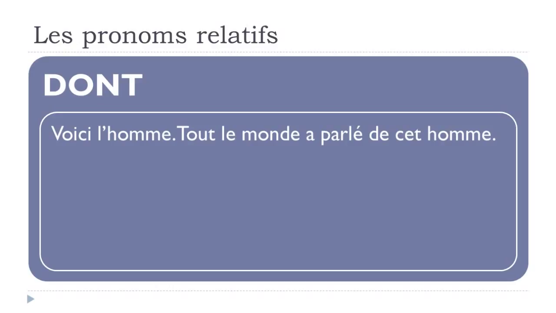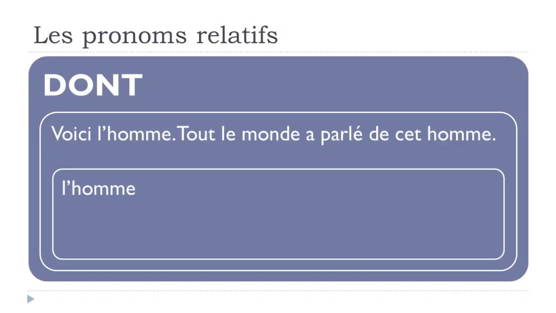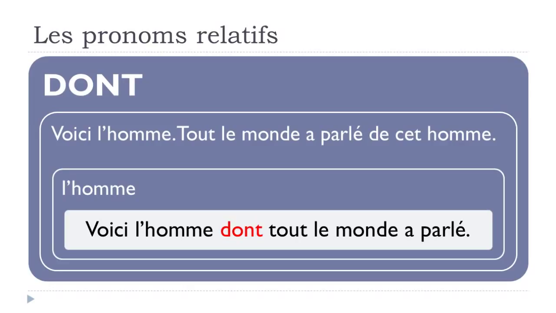Then if we put the same structure at the passé composé, voici l'homme, tout le monde a parlé de cet homme, same thing, we don't want to repeat l'homme. Voici l'homme dont tout le monde a parlé. It doesn't change anything, but the tense is different because it's passé composé.